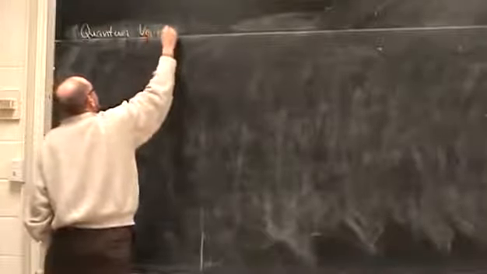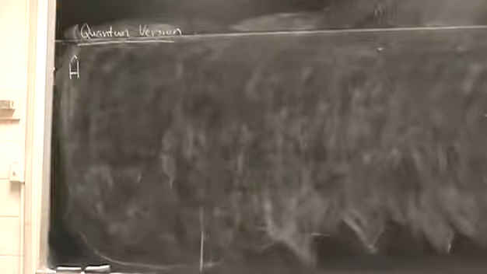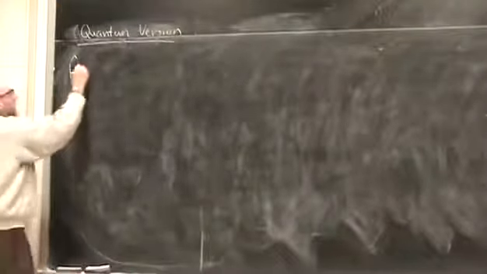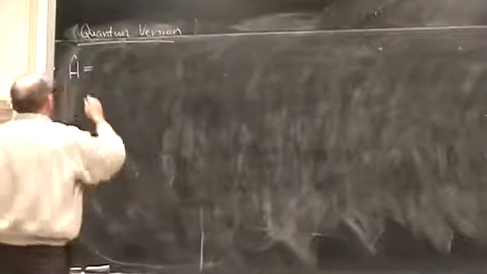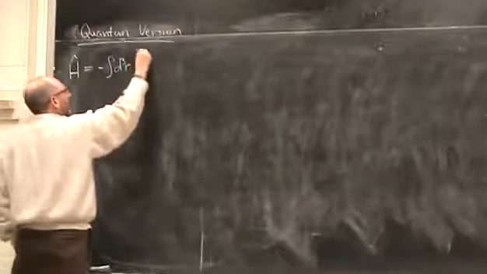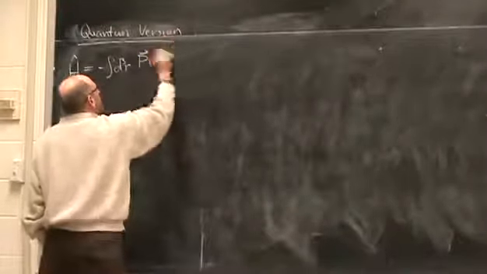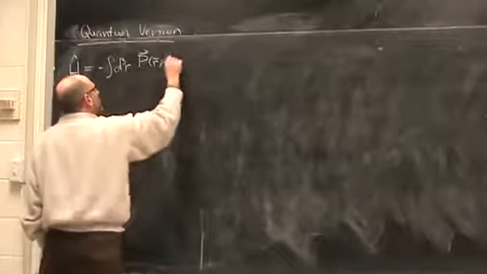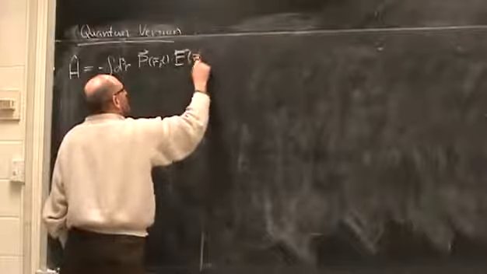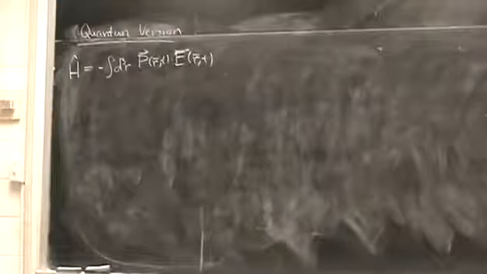So, quantum version. So our Hamiltonian for the problem now as a quantum Hamiltonian has the form, if we treat our current as the dipole current, so that's like a minus d dot e, in this case polarization.